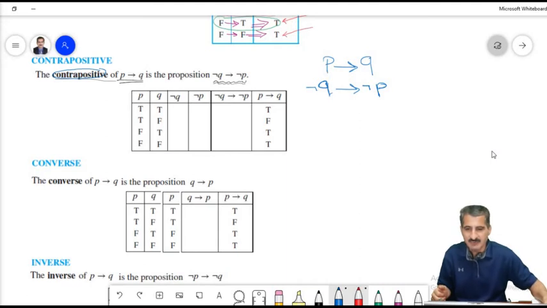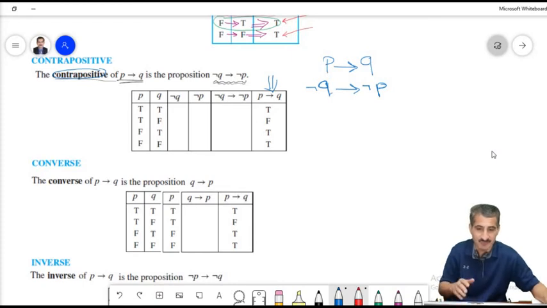Here we already have the conditional statement. True and true gives true, true and false gives false, false gives true is true, and false gives false is true.